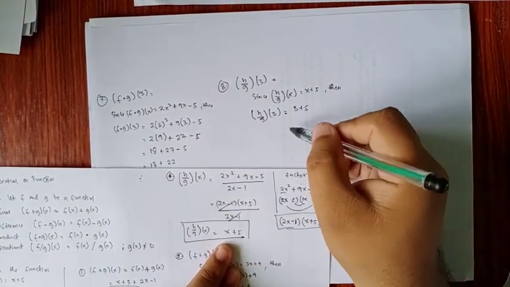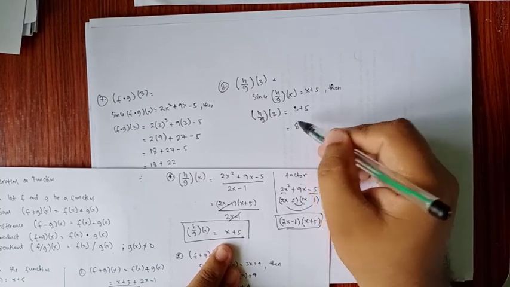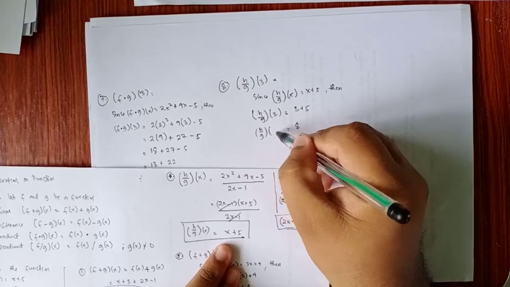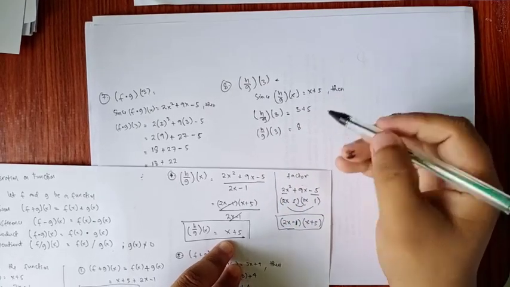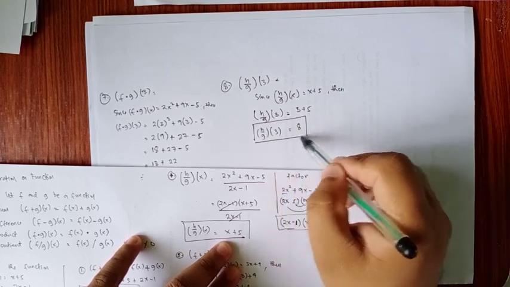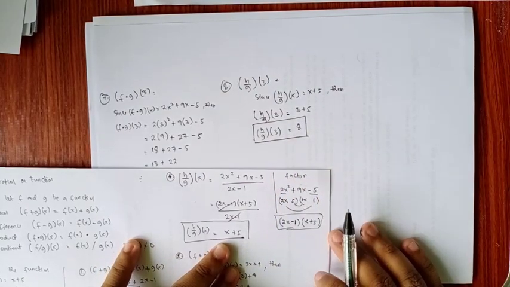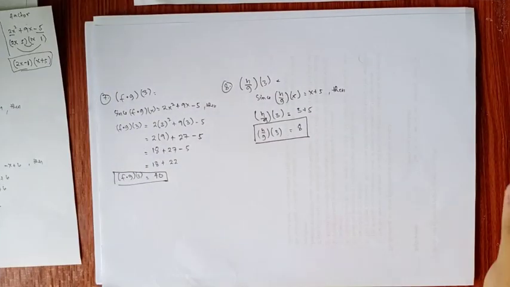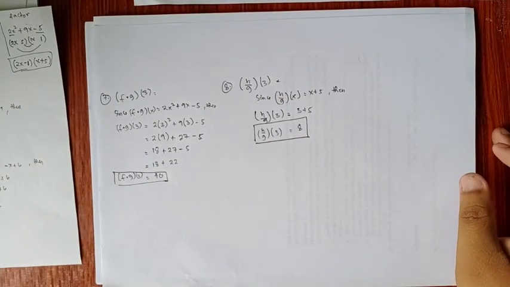What is 3 plus 5? Very good. Simple as that, 8. So, h over g of 3 is equals to 8. So, yun lamang guys. I hope you understand.